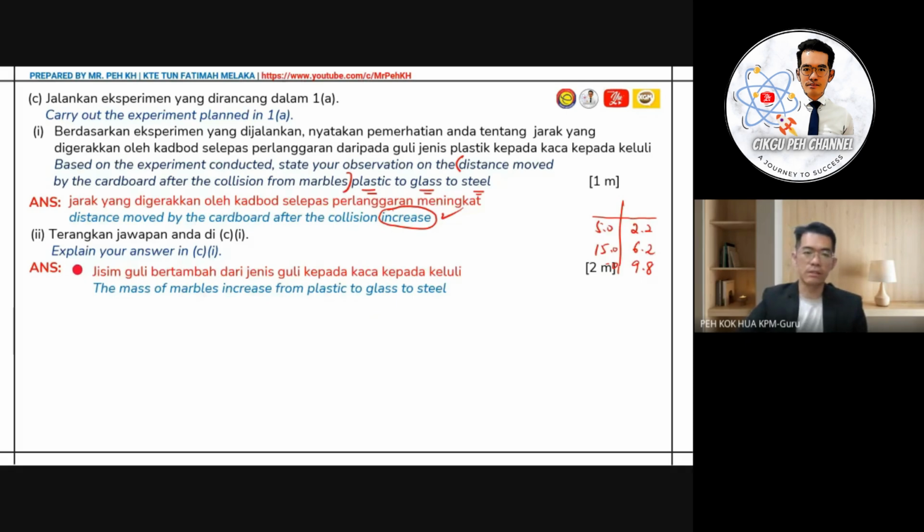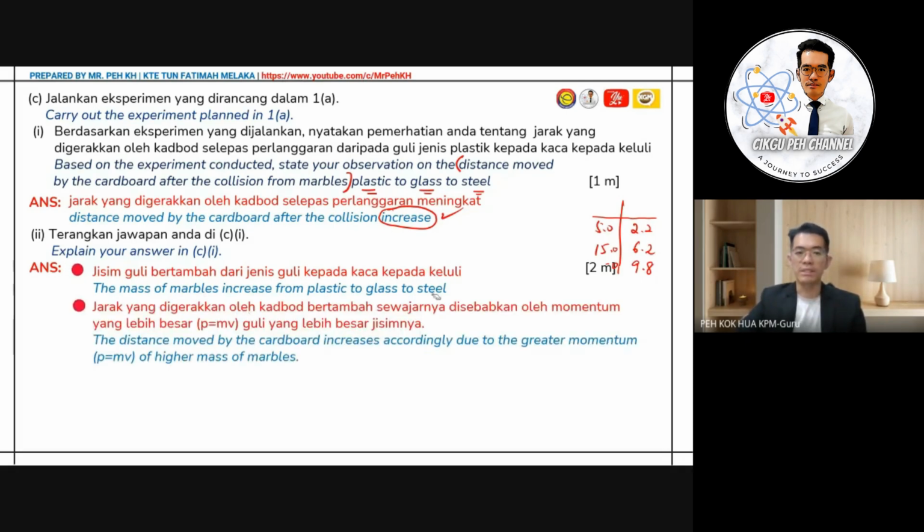Then the second: when the mass increases, that means the momentum will increase. So the distance moved by the cardboard increases accordingly, due to the greater momentum of the higher mass of marble. Look at the formula here, right? When m increases, momentum increases, causing the distance for the cardboard after collision to increase.